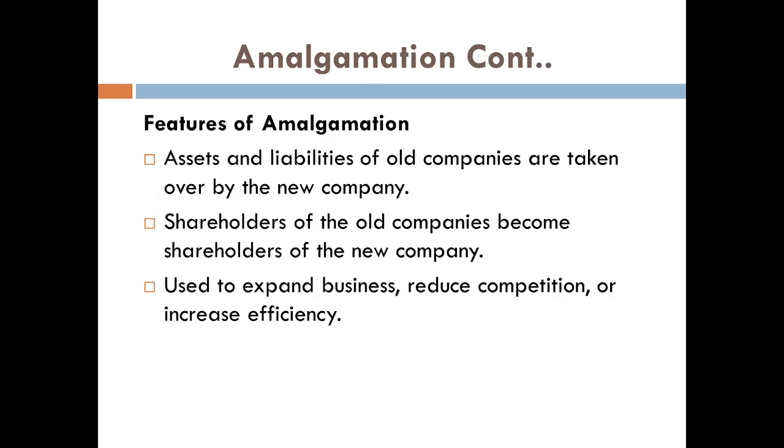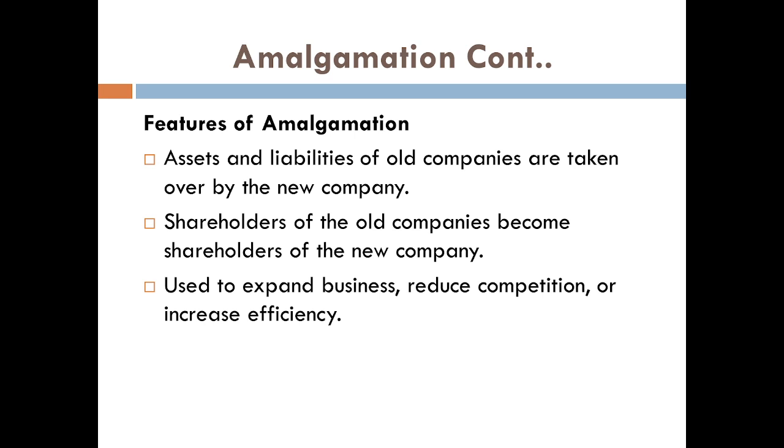Features of amalgamation: assets and liabilities of the old company, that is the selling company, are taken over by the new company, that is the buying company. Dear students, here we need to understand properly. In the question paper, you need to identify who is the buying company and who is the selling company. That is the first and foremost thing that we need to determine in handling such problems in exams.